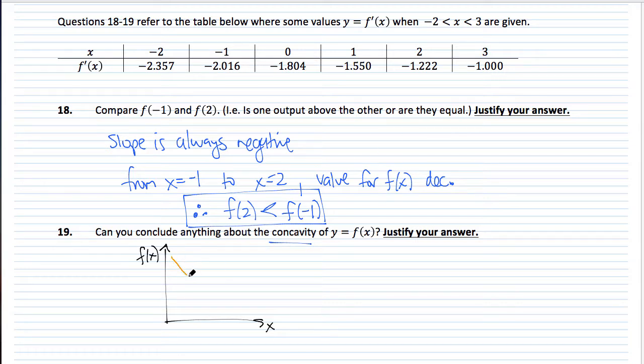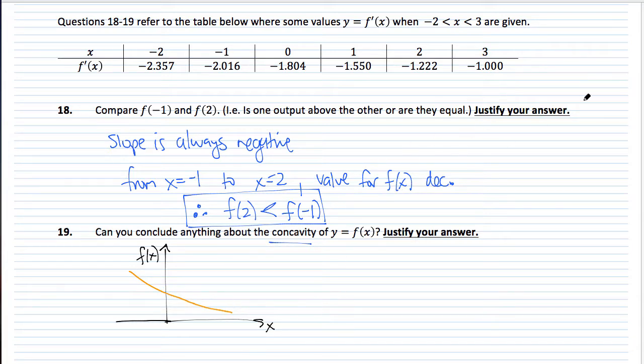So I have something that looks like this. Actually, let's do it all the way in the negative region. So we have a slope that is negative at x equals -2, and it's less and less negative. So my slope is most negative over here at x equals -2, and then it's gradually becoming less negative.